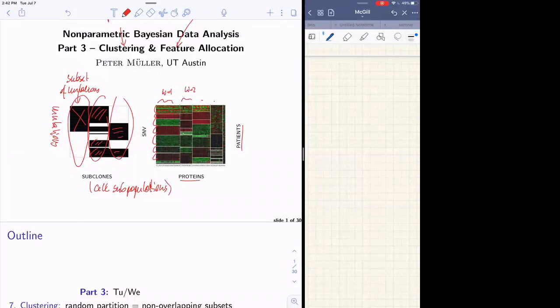Or in other words, with respect to some function, two patients might be in the same cluster. With respect to another function, they might be in different clusters. Or in other words, you might be interested in nested partitions. There is a partition of proteins, and nested within each subset of proteins is a potentially different partition of patients. We'll talk about models like this. So that's what's coming up.